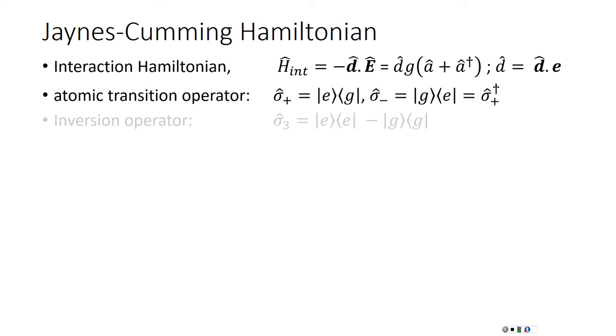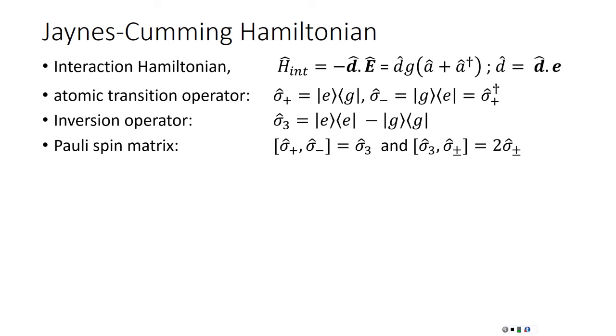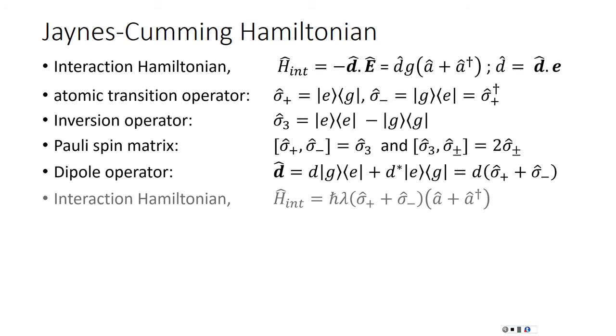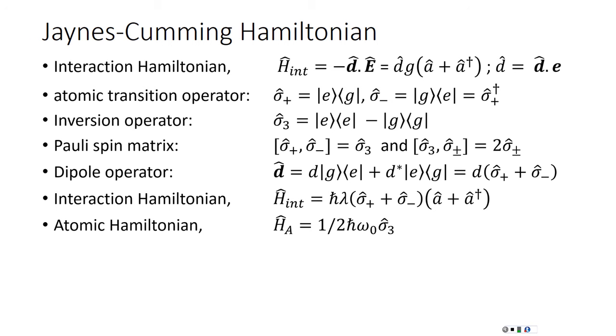So now, if we want to make a Hamiltonian for this system, first the interaction Hamiltonian is defined by this term, where D is the dipole, and E gives the direction of the dipole.